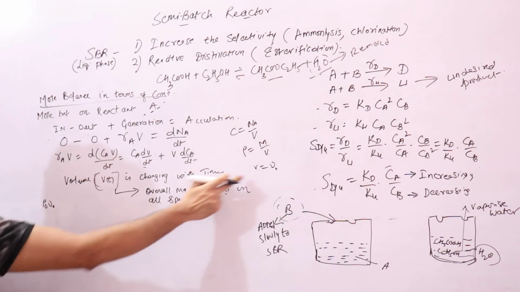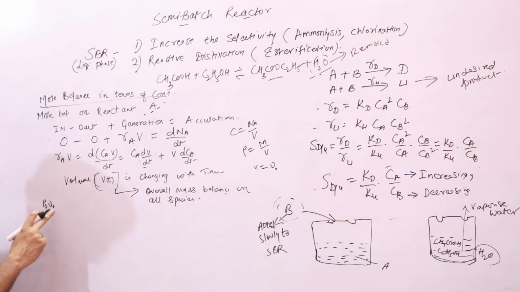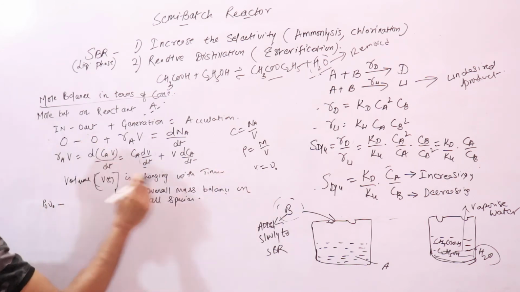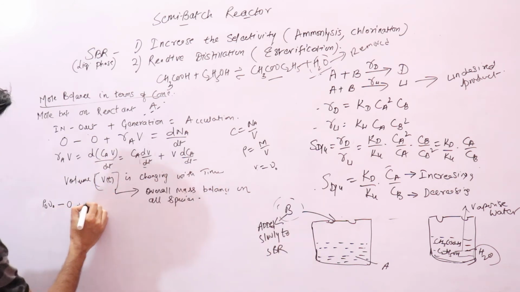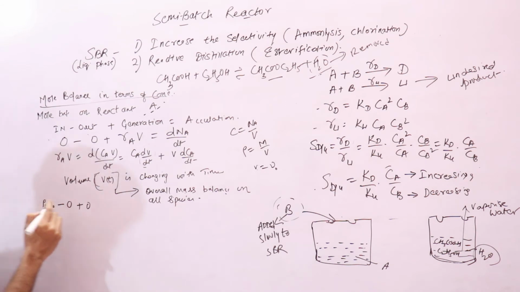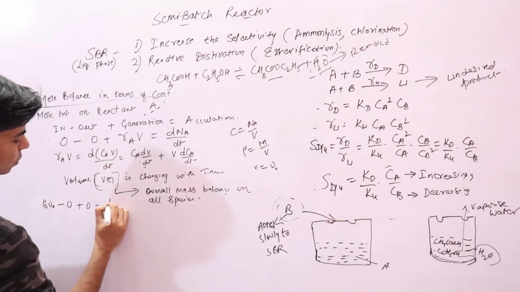Using this formula, it would be rho 0 nu 0 minus out, nothing is flowing out, 0, plus generation, it would be 0, right? Mass balance.